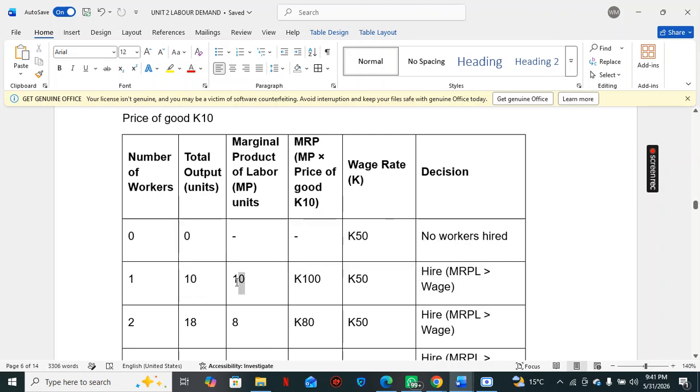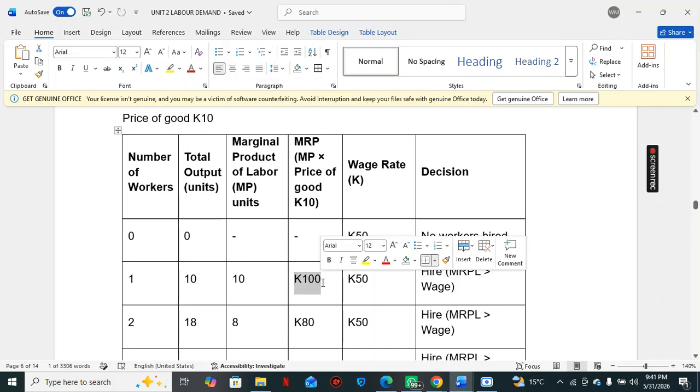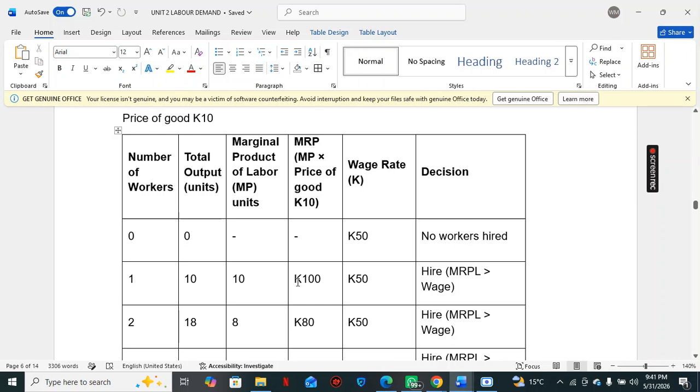This is the extra output this first worker brings. The extra revenue they bring, these 10 units times 10 kwacha, is 100 kwacha extra revenue. Since this extra revenue is greater than the wage rate, it's okay to hire this worker, since the extra revenue they're bringing is greater than the wage they're being paid.